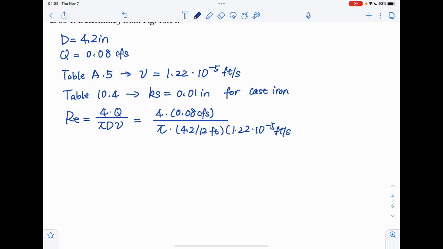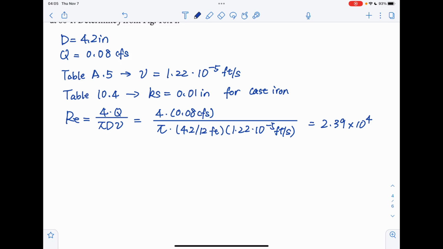This gives us the Reynolds number, which is 2.39 times 10 to the power of 4.